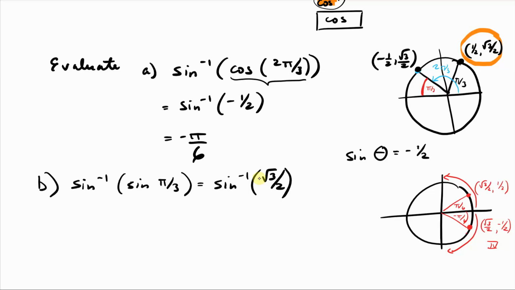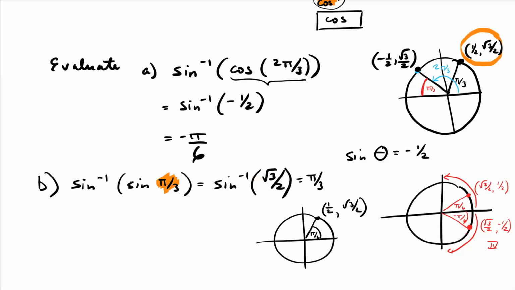If we're looking for an angle where the sine is root 3 over 2, the x value would be 1/2, and this is pi over 3. So this is an example where sine and sine inverse cancel out each other. So we fall back on pi over 3.